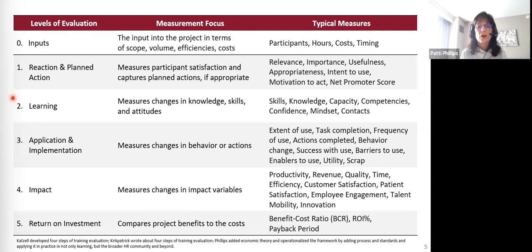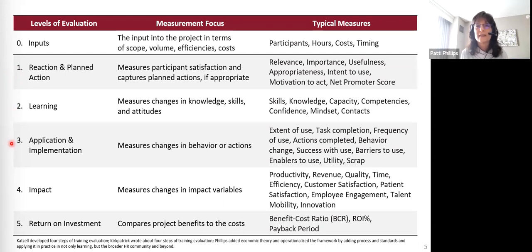So learning can be knowledge, skill, information, insight. It can even be people that you meet. So when we have programs that involve networking, you know, who are you meeting? Who are you meeting that can help you in the future? Or who are you meeting that you can help in the future? So learning is really important. Reaction data tell us people are willing to do what we want them to do. Learning data tell us people are able to do it.